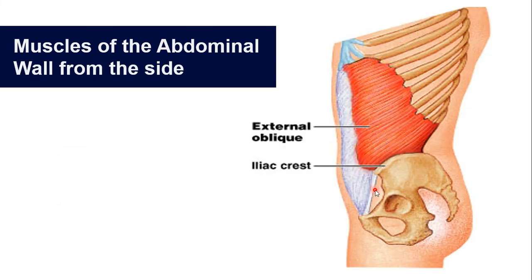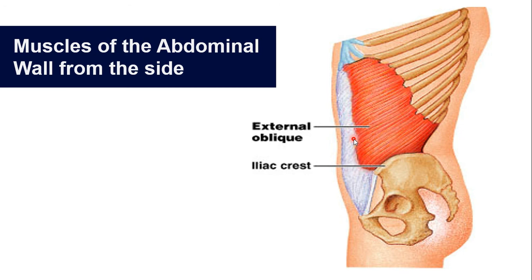So we have here your external oblique. As you can see, it is a broad, thin, muscular sheet with most of its fibers inserting by means of a wide aponeurosis. So this is a very wide aponeurosis, this white part on the anterior part of your abdomen.